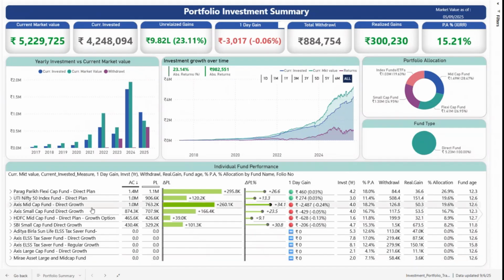In that 8-year history, I have exited almost 5 funds, and I am only maintaining these 6 funds in my current portfolio.